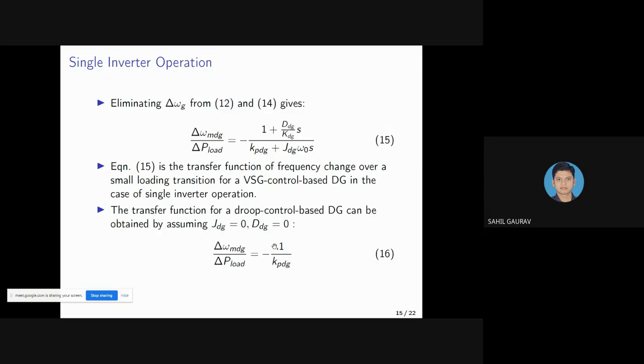In another way, if we take s equal to 0, then equation 15 also becomes equivalent to equation 16, which is the transfer function of droop controller DG.